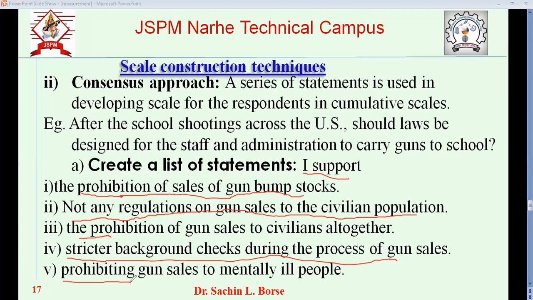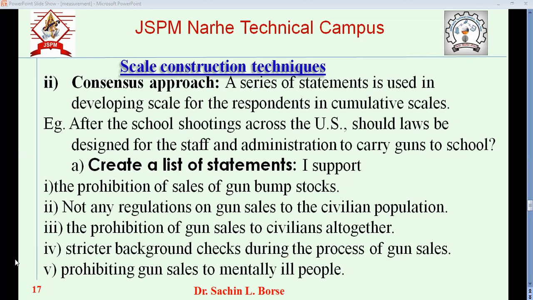Maybe in the US there are no present regulations that check the mental health of the person purchasing the gun. These are the questionnaire statements created for respondents. Now what we have to do is send them to respondents and then create the scale.